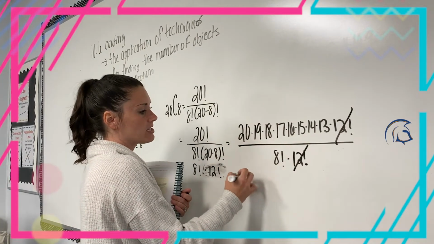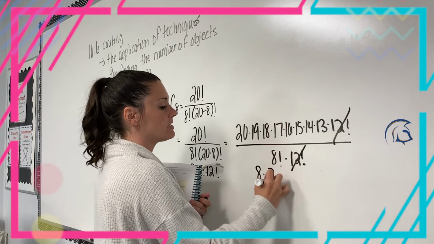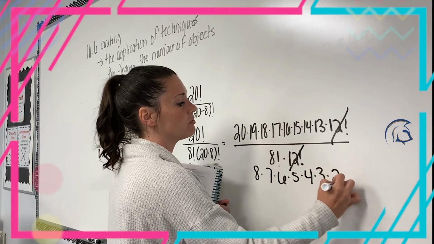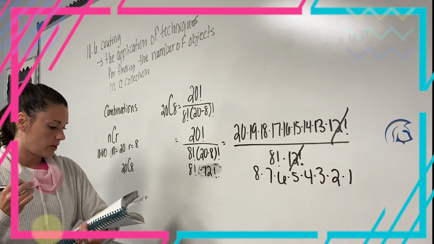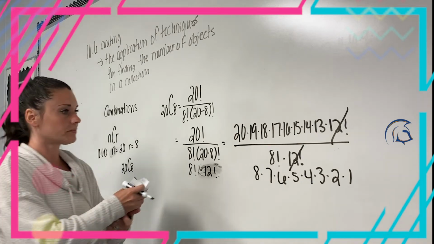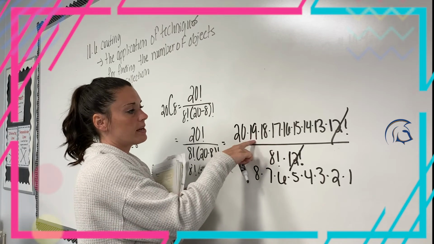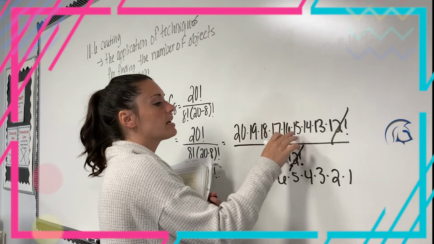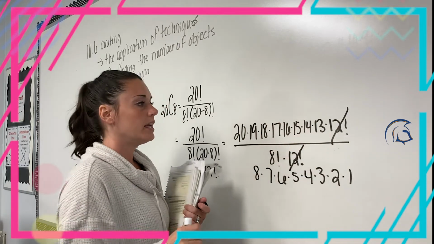So now I just have to do 8 factorial, which is 8 times 7 times 6 times 5 times 4 times 3 times 2 times 1. All right, now what you want to do is type all of that into your calculator and stop at 13. So you would say 20 times 19 times 18 times 17 times 16 times 15 times 14 times 13, okay?